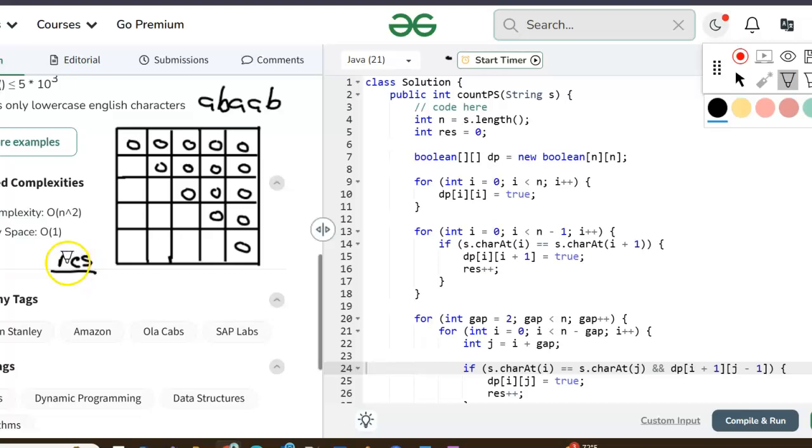Let's do it like this: RES equals 0. Boolean. This is a Boolean array. I know I put numbers in it, but it's a Boolean array of the dimensions of the string length, which in this case is 5.